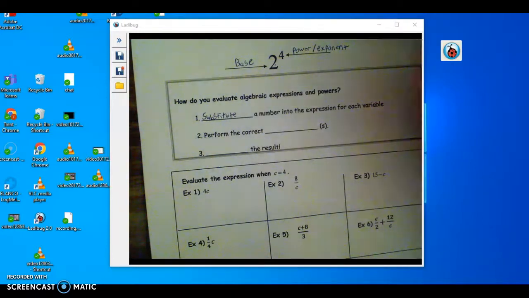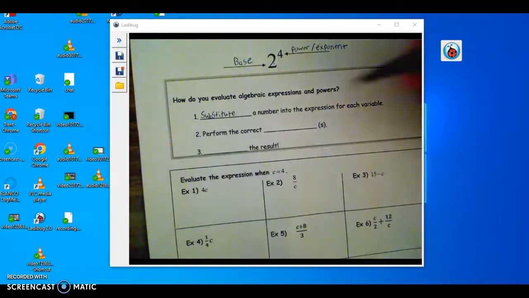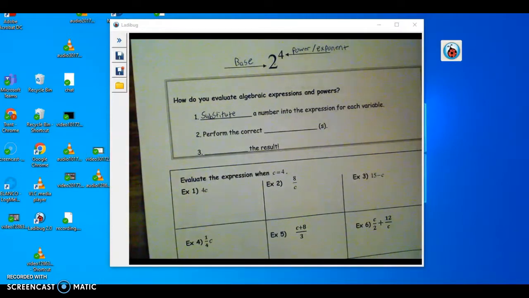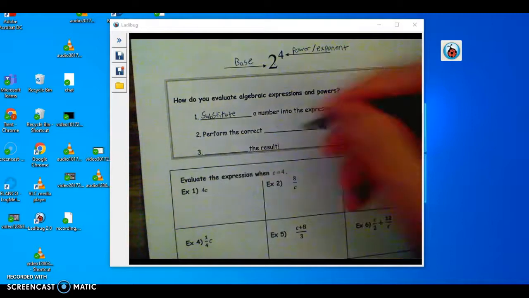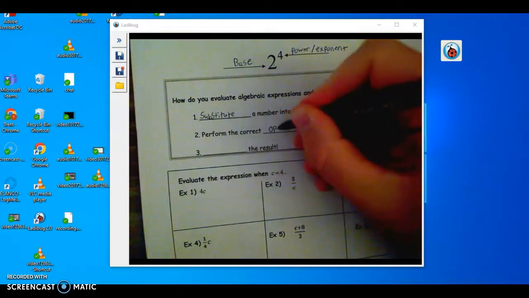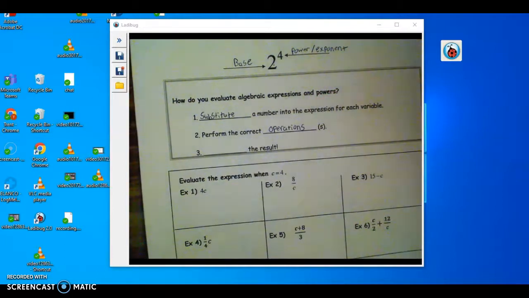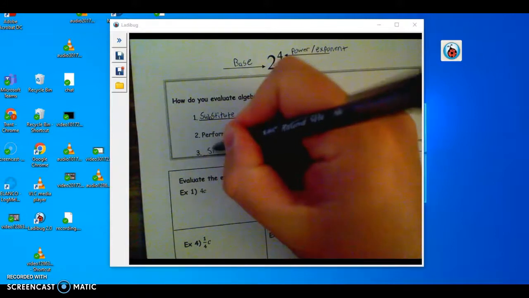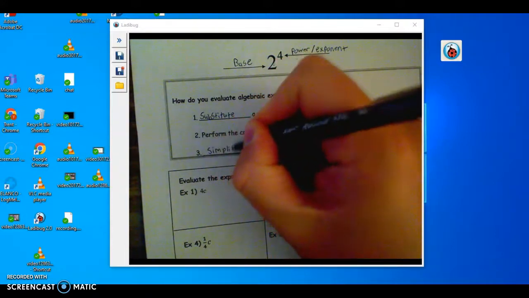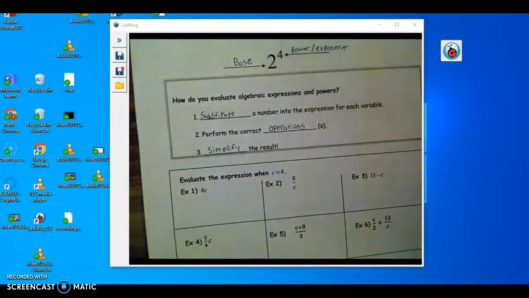Substitute just means we're going to replace a number into the expression for each variable. Number 2, perform the correct operation. Operations are just addition, subtraction, multiplication, and division. Number 3 is to simplify the result, just meaning get it down to one number.